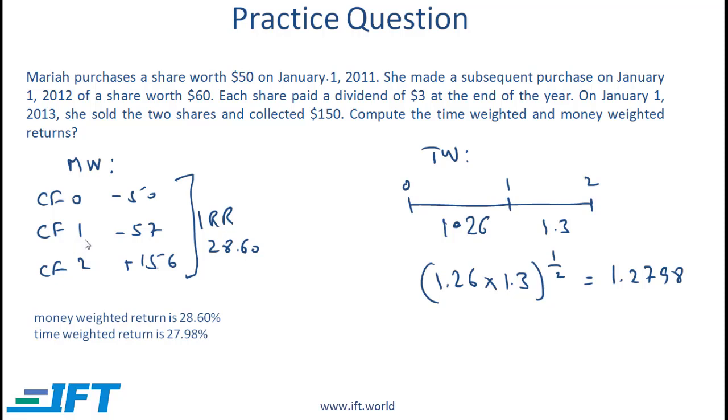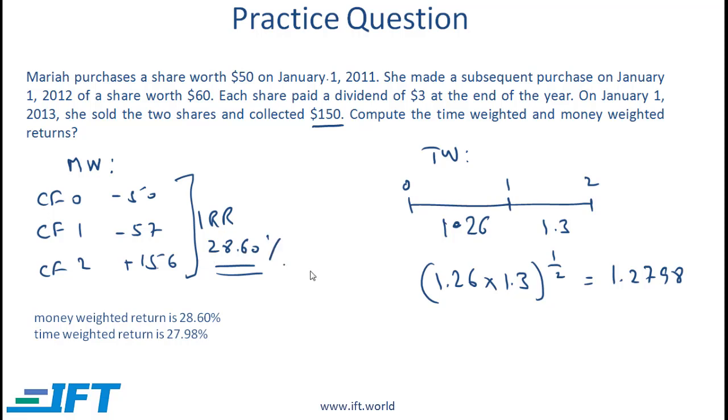At the end of period 1, you spend $60 more on a share, but you get a dividend of 3. So net cash flow is 57. And at the end of year 2, you sell the shares for a total of 150 plus you get $6 dividend. So the total cash flow is 156. Compute IRR and you should get 28.6.